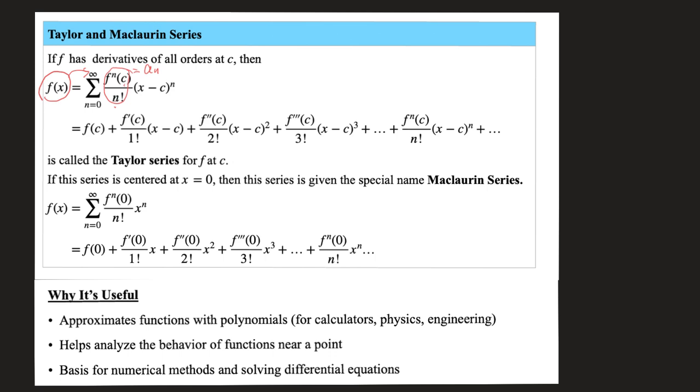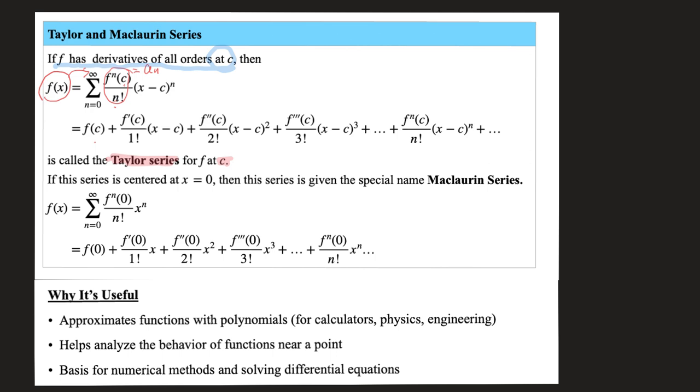So when you expand the Taylor series: f of c, plus f prime of c over 1 factorial times (x minus c), plus the second derivative of f at c divided by 2 factorial, and so on. We call this the Taylor series. With center 0, it is the Maclaurin series. The most important thing here is that you cannot forget f has a derivative at c, which means f must be differentiable at c.